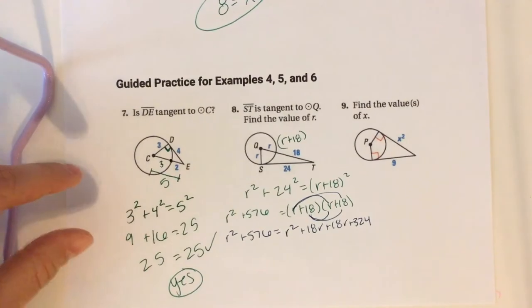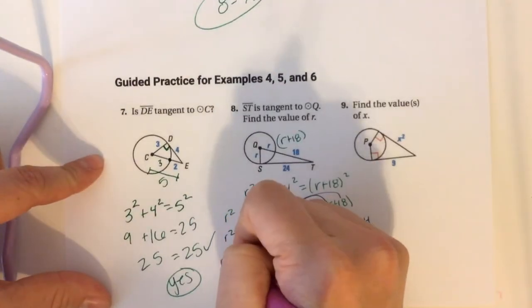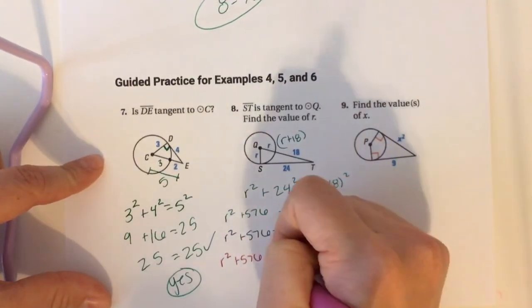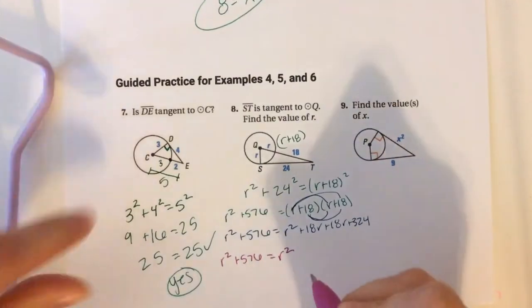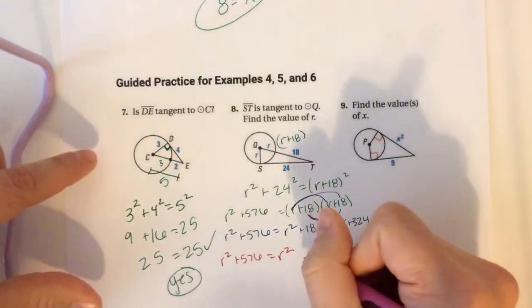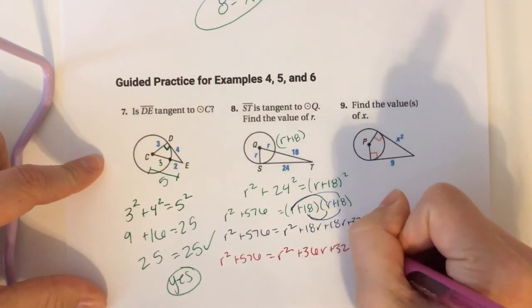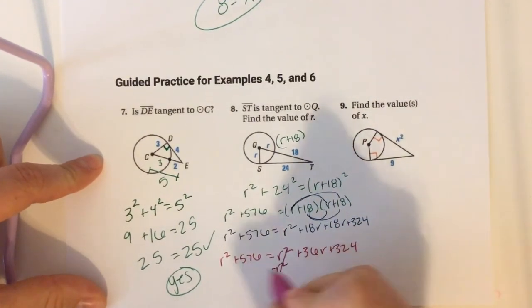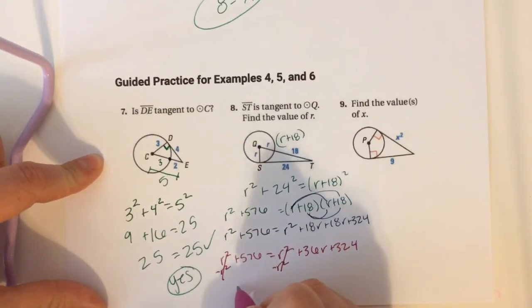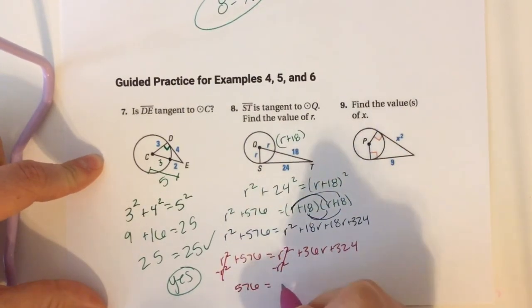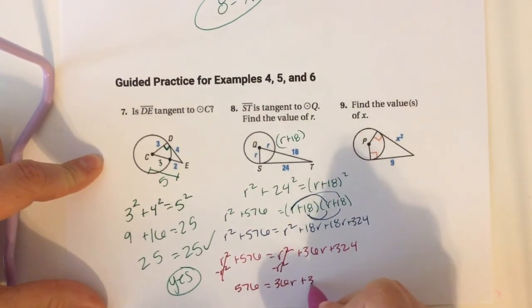So then if we go ahead and clean that up a little bit, can't really do anything on the left side yet. 18r plus 18r is 36r plus 324. Well, again, this is nice. Our r squareds cancel. So we get 576 equals 36r plus 324.